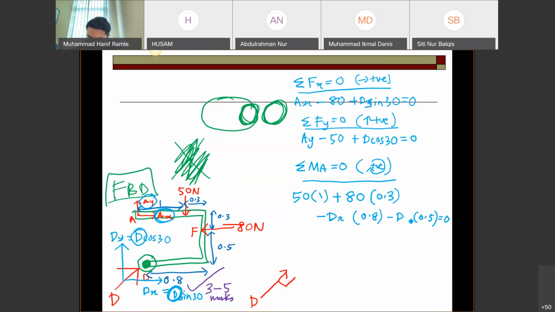Dx is 0.8, which is 0.3 plus 0.5, and dy is 0.5. Okay, this is the correct one.